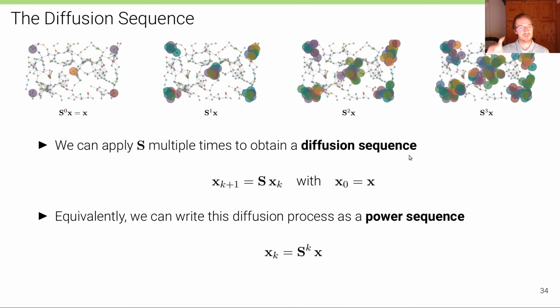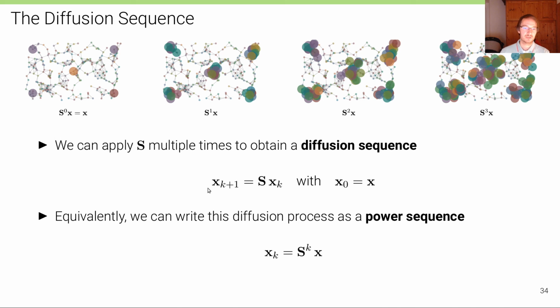Equivalently, we can write this diffusion process as a power sequence. If we unroll this diffusion sequence, we obtain a power sequence where, because we have the same shift operator applied at every recursion, we just have xk equals S, the shift operator matrix, to the power of k times the input signal x.